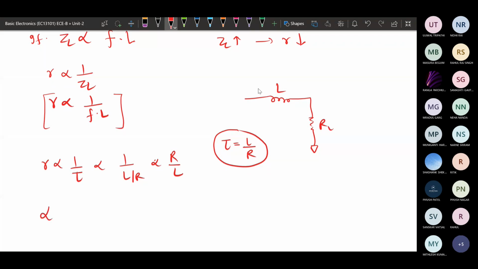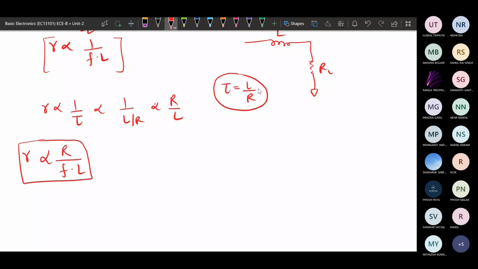Overall, we conclude that the ripple factor is directly proportional to resistance and inversely proportional to frequency and L value. This is how we can design a filter circuit based on an inductor.